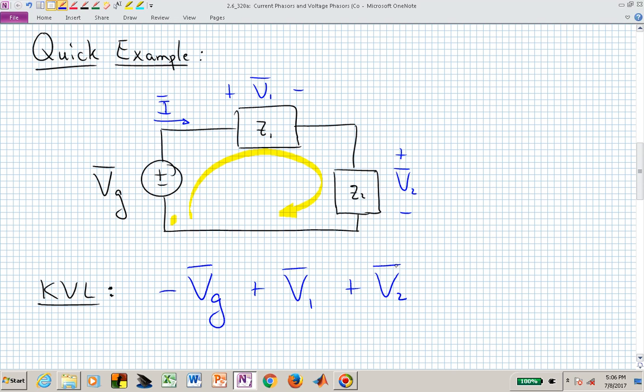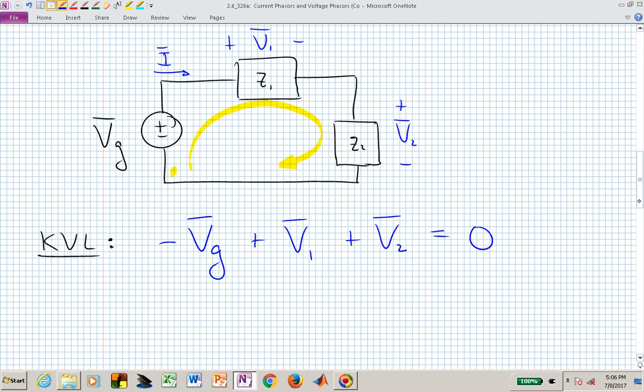We're entering their positive terminals as we've defined them, and we're then back to where we started in the lower left-hand corner.